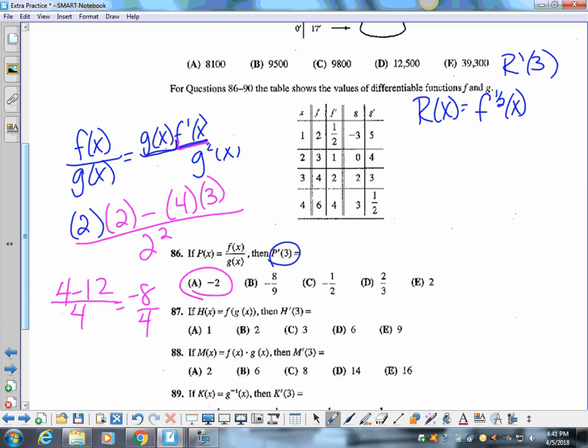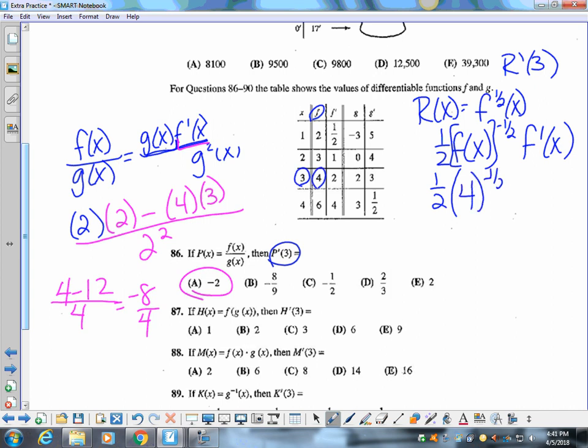So I'm going to go chain rule. I'm going to pull the power. And then that's to the negative 1/2. And then I take the derivative of the inside. And this is at 3. So I need 1/2. Now I need f of 3. F of 3 is a 4.